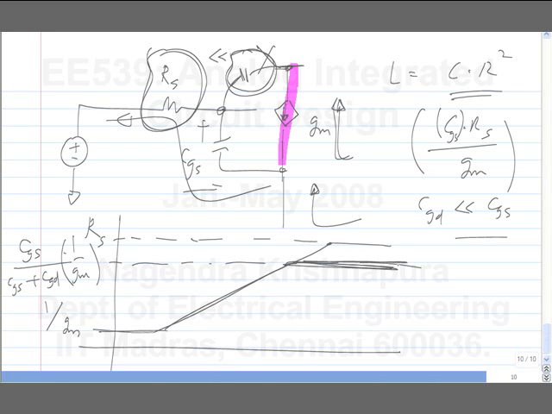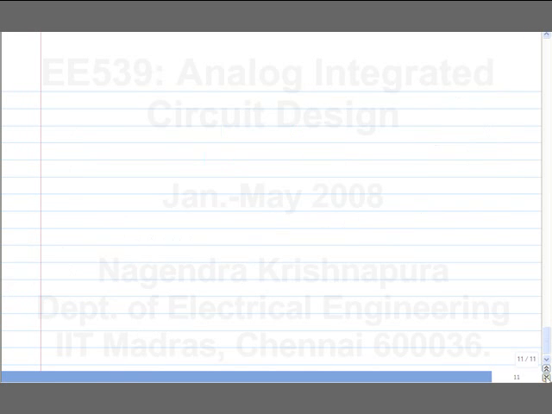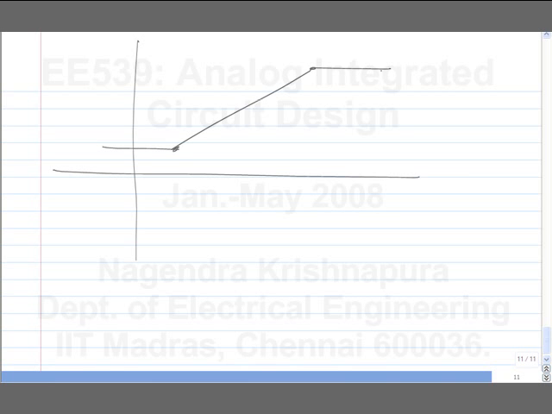Of course, the total impedance is the parallel combination of this and this. What you see inside this also changes. In fact, if you look at it, the plot I drew for the earlier case was like this. The part through GM does this. It always goes on increasing.